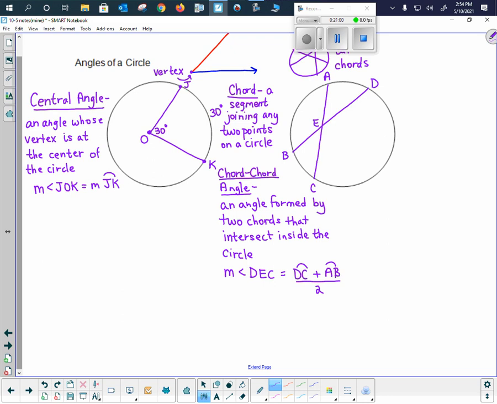Okay, so we're talking about the measure of angle DEC. Think about where that angle is and maybe mark it in your picture. Angle DEC would be this angle right here.